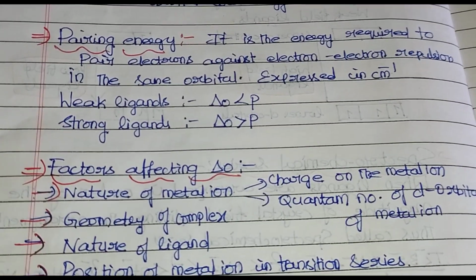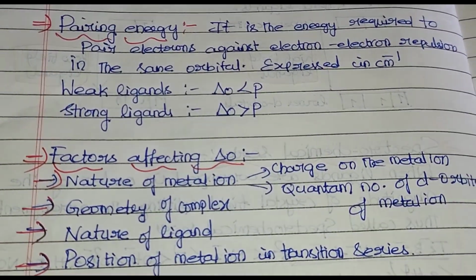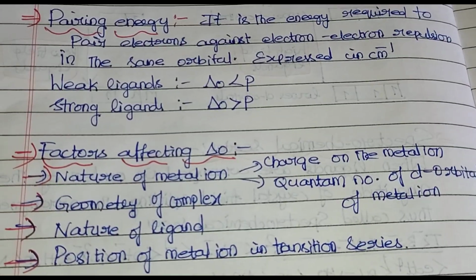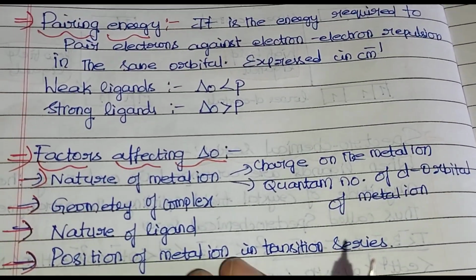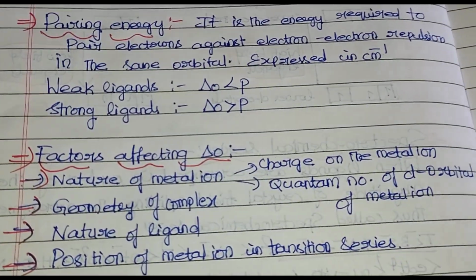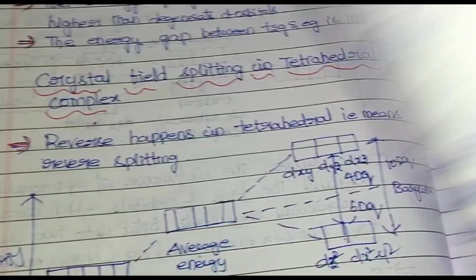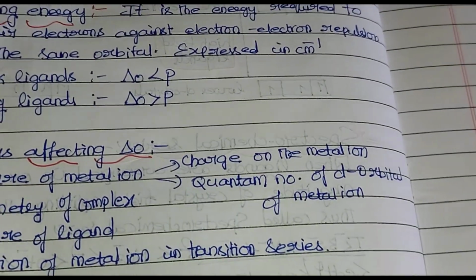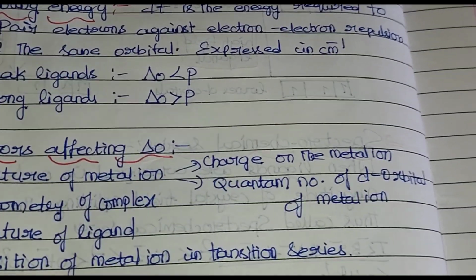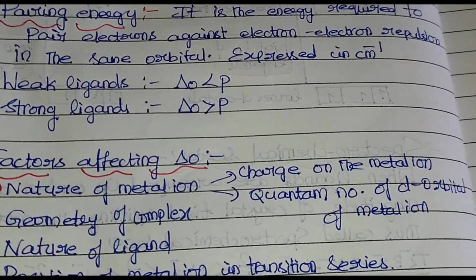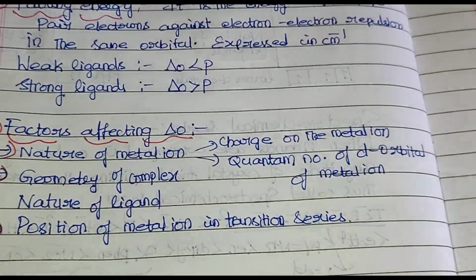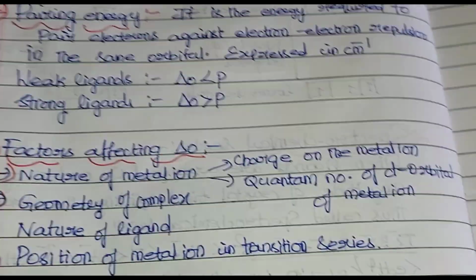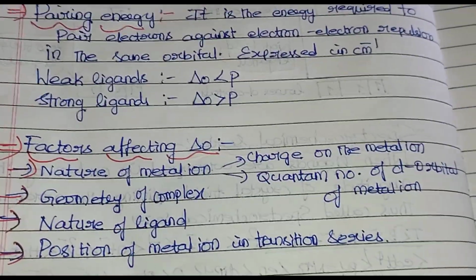And the nature of the ligand, whether it is a strong ligand or a weak ligand, that also matters. And the position of the metal ion in the transition series, as we saw in the spectrochemical series, how the metal ion is placed, what its position is, delta 0 depends on that. So these are the factors of delta 0.